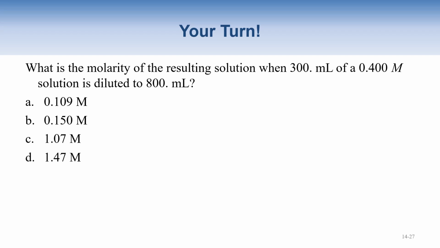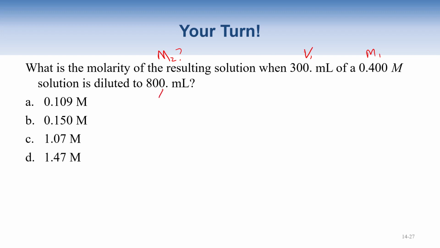Okay, what is the molarity of the resulting solution? Means we're looking for M2. When 300 mils of a 0.4 molar solution, that's what we're starting with, V1 and M1, is diluted to 800 mils.